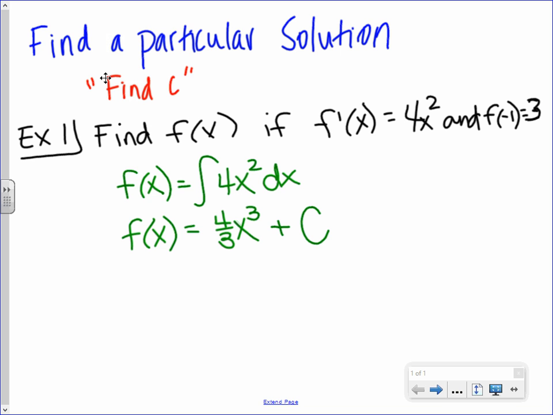However, we know something about -1, 3. So what should we do with -1, 3? We can put in -1 for x, and we know that when x is -1, our function value is 3.